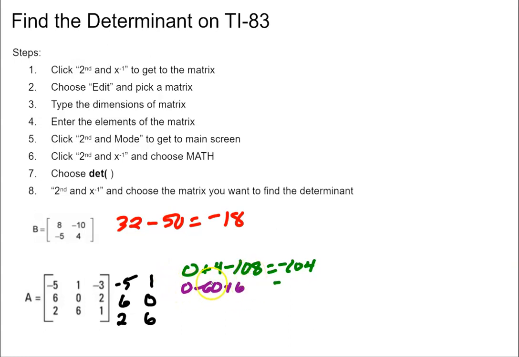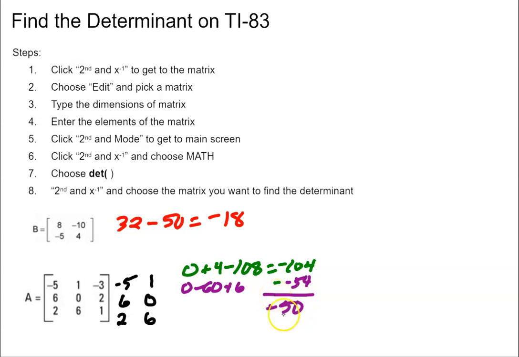And when I do the math here, negative 60 plus 6 is a negative 54. So now I'm going to take negative 104 minus a negative 54, and I get a negative 50. So the determinant of the 3 by 3 is negative 50.